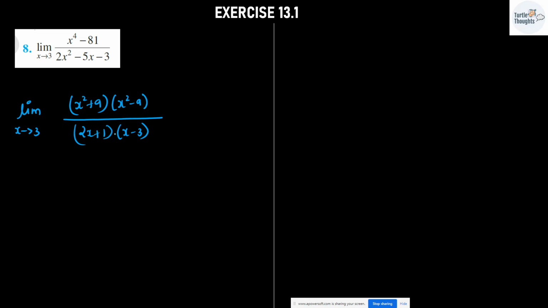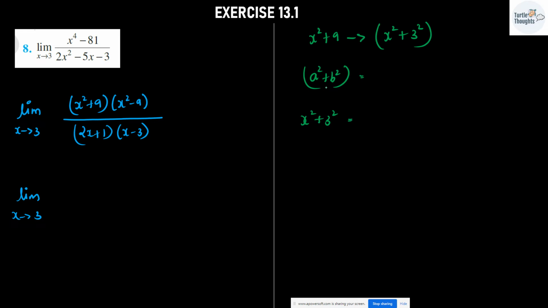In order to do that, can I write limit of x tending to 3, x square plus 9 as x square plus 3 square? Yes, this is of the form a square plus b square.